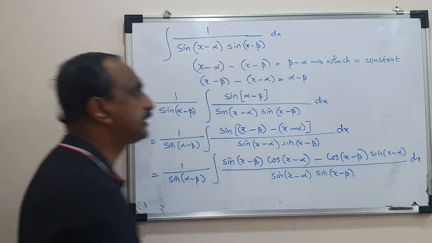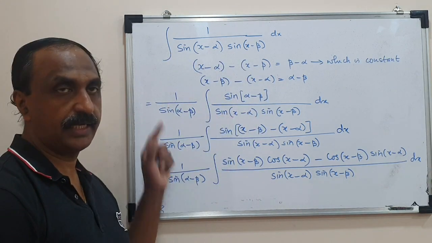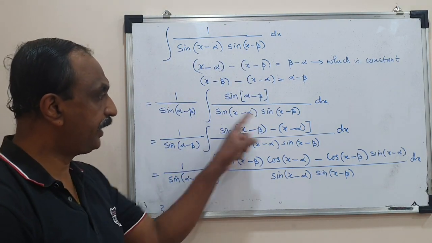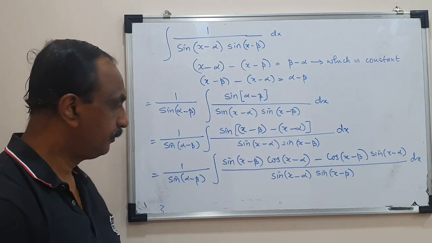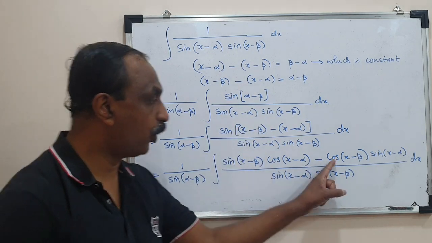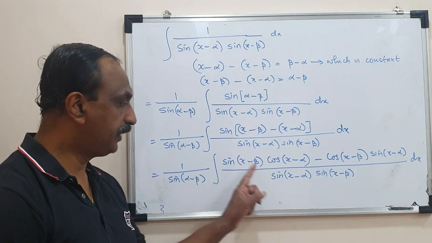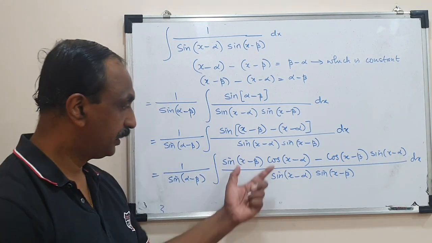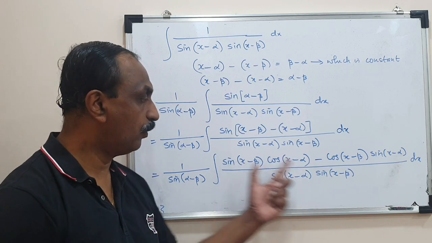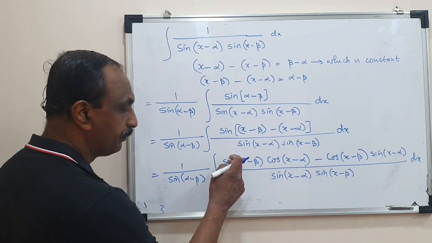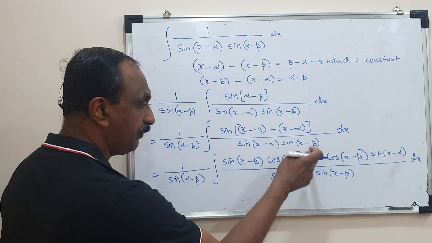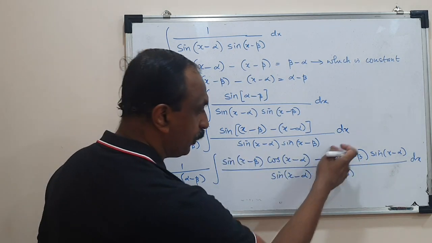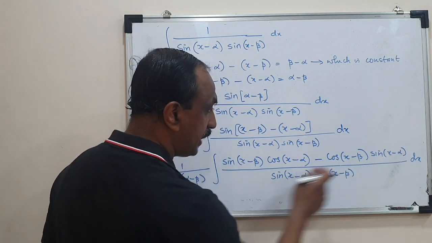Here is the reason why we are using sine. If the denominators are the same trigonometric ratio, when you expand, the numerator terms should become opposite. If the denominators are sine and cos, the numerator should become the same. Then only when you separate, one term will get cancelled. For example, this and this are getting cancelled when you separate this, and when you take it this way, this and this will get cancelled.